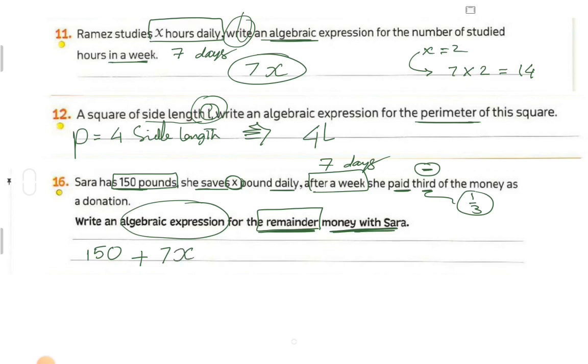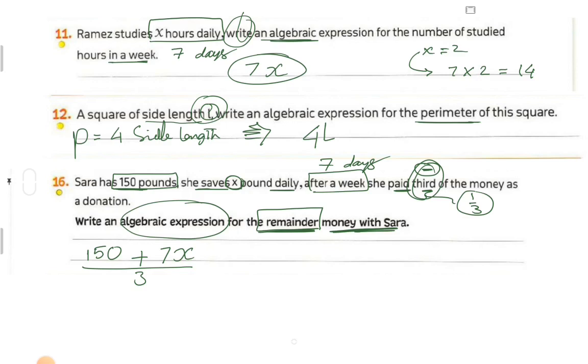Now she has 150 plus 7x. It's all the money she has. Then she paid a third of the money. We can divide it by 3. This is the amount she paid.